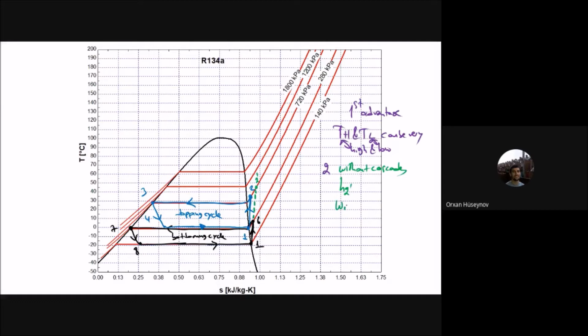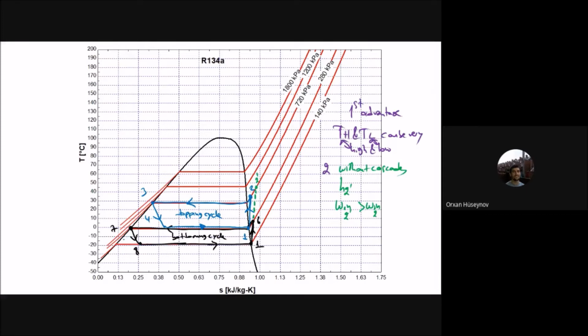Therefore, the work in with 2 prime will be greater than work in 2. Okay. This is also the advantage of the cascade refrigeration system, that you have less work, because you have started from that one to this one and from that one to this one. And see, you don't have any more enthalpy with respect to the system without the cascade. Okay.